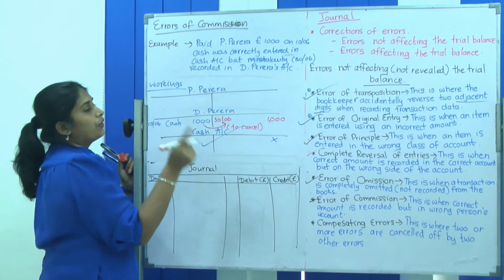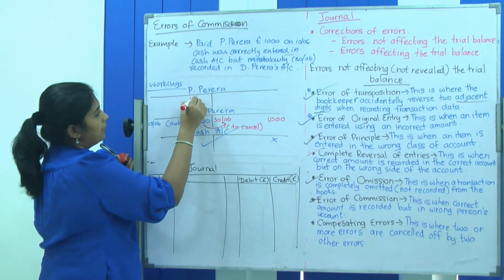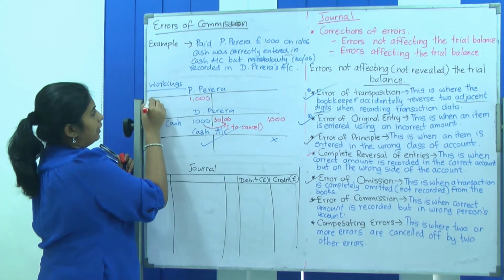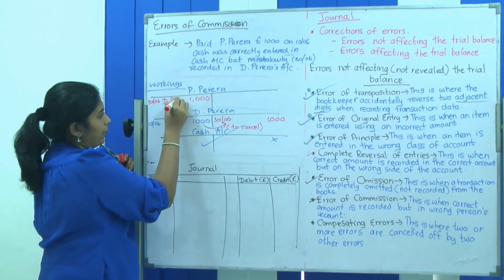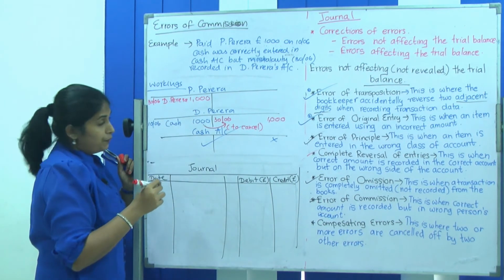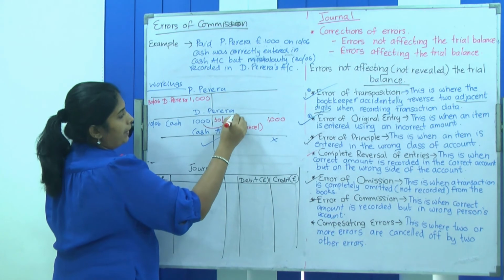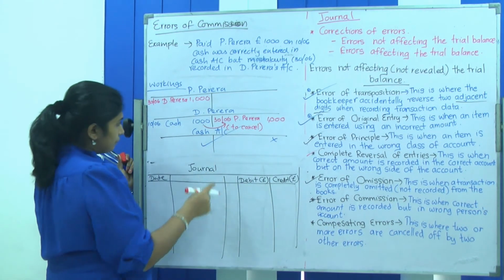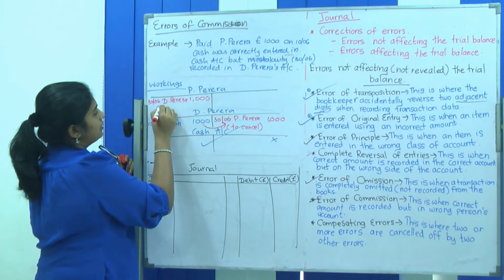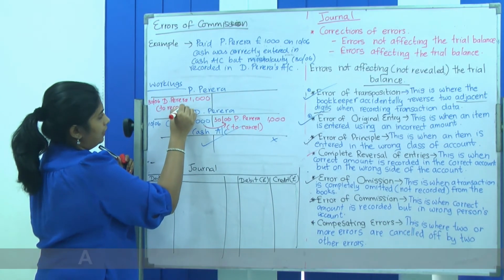To enter correctly, you have to debit P. Pereira. So here, on 30th June, as details you write P. Pereira in D. Pereira's account, because the error happened with D. Pereira's account, and in P. Pereira's you write D. Pereira. Okay, so this one you are writing to record correctly.